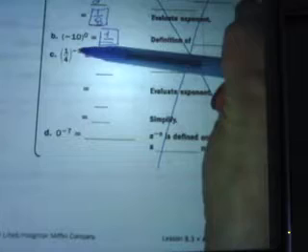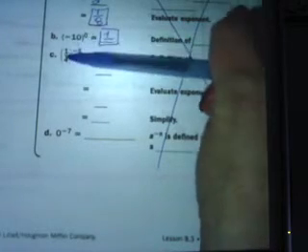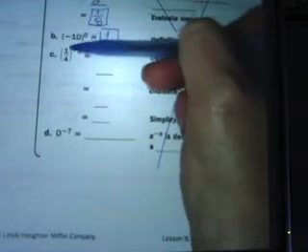C. Here I have a power of a quotient. When you have a power of a quotient, remember you have to distribute this power to the numerator and to the denominator. So that's going to become 1 to the negative cube divided by 4 to the negative cube. We want to get rid of these negative exponents, so I need to flip it.